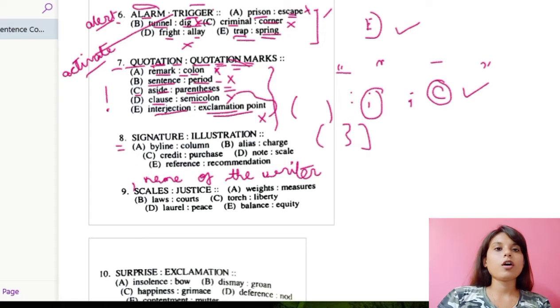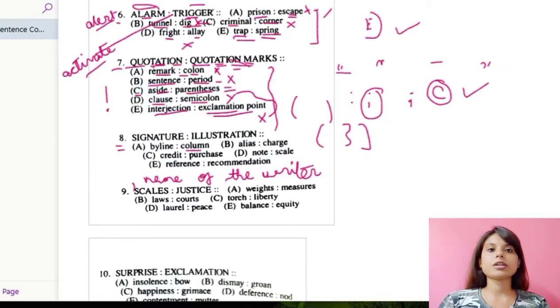So column, what is column? Column you may refer to a line. You can refer to a column in the newspaper also, because byline means the name of the writer in an extract in the newspaper. So if you compare it with the newspaper, column means a column of news.